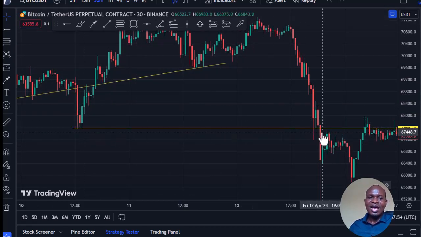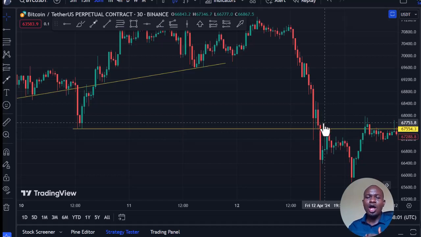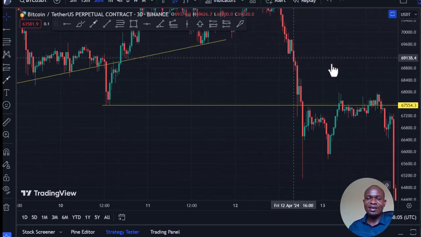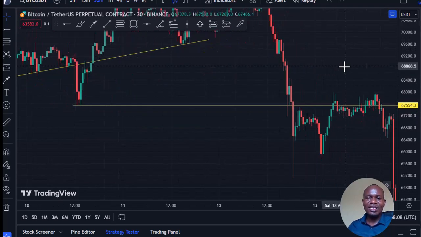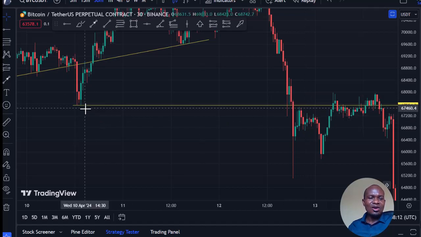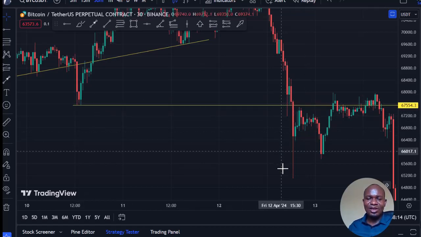So that gives us a second confirmation that yes, this market is bearish. Now we can see the market actually closes, but the candle that actually confirmed this closing is very, very long, so you can't enter a trade at this point.